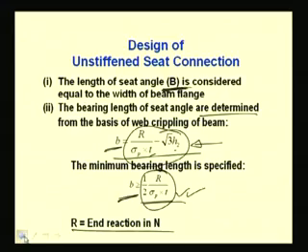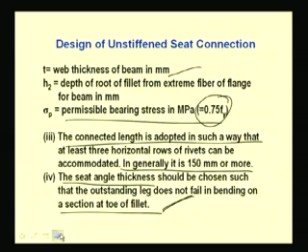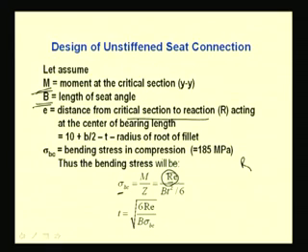What is this? If we see the picture, this is E, that means R is acting through this and this is the CG of the angle. So this will become E. This E value into R will become the moment, and Z is nothing but the section modulus, which is Bt square by 6, where B is the length of the sheet angle and T is the thickness.